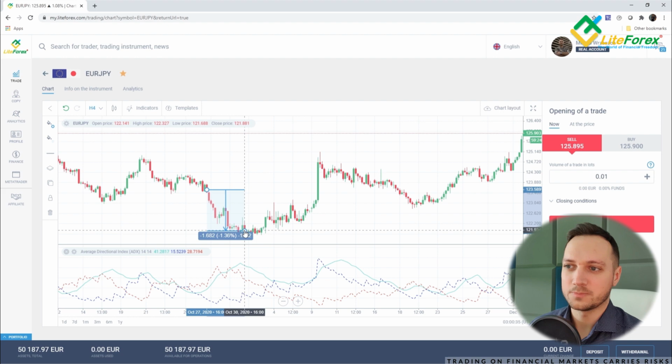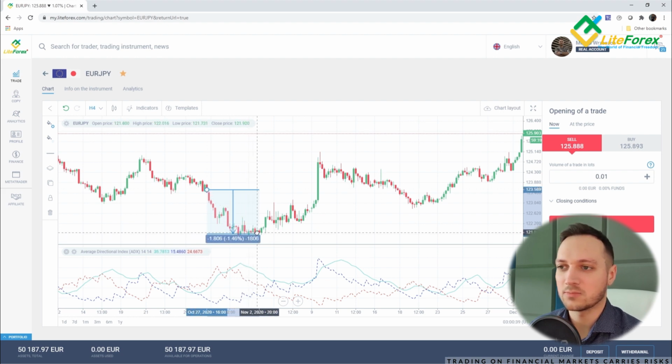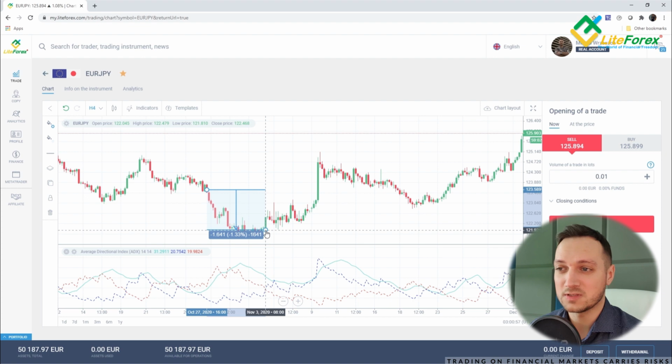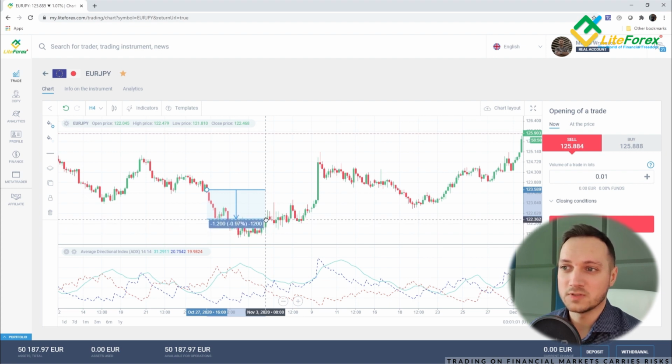We have here this 160, 180, 190, whatever, and on this candle the plus DI crossed the minus DI, so it would give us the signal that the trend is still strong but is changing the direction, and thus this should be our signal to exit. So even if we exit at the top of this candle, it would be 120 pips.